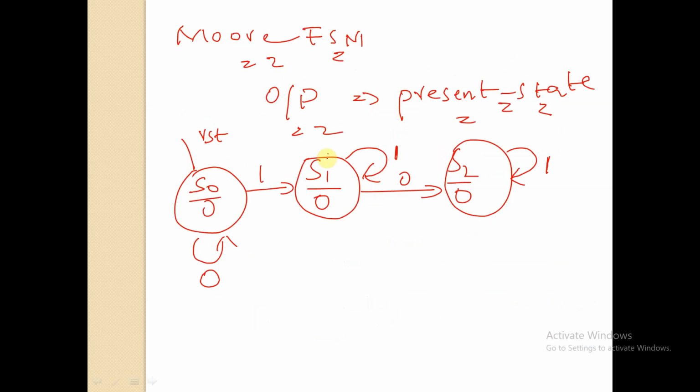Whereas in case of Moore FSMs, the output is not depending upon any input. It is only depending upon the state. That's why we have written the output below the state, not below the input. So this is how we can identify whether the state diagram given is a Moore FSM or Mealy FSM.